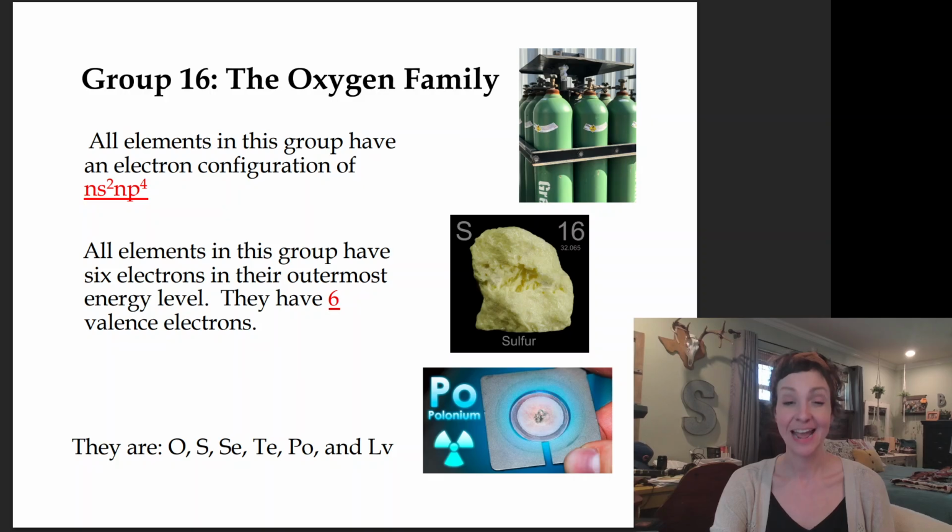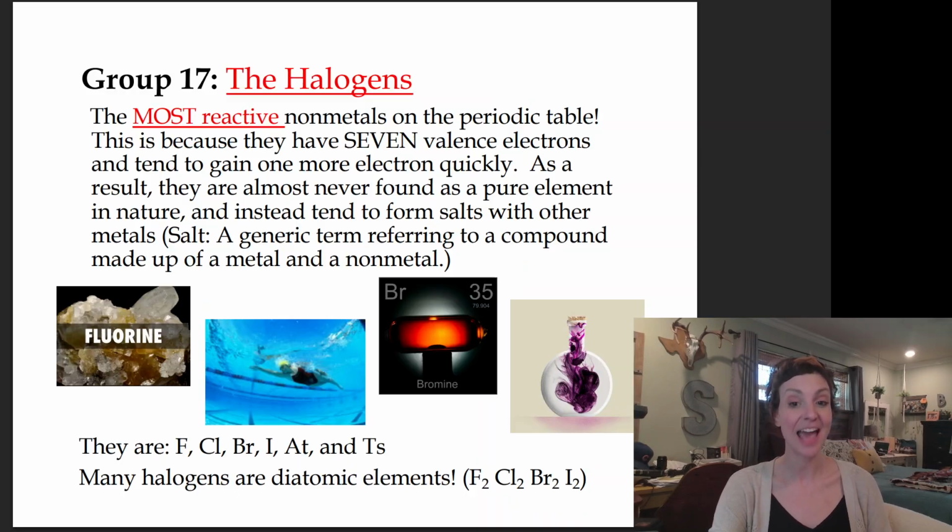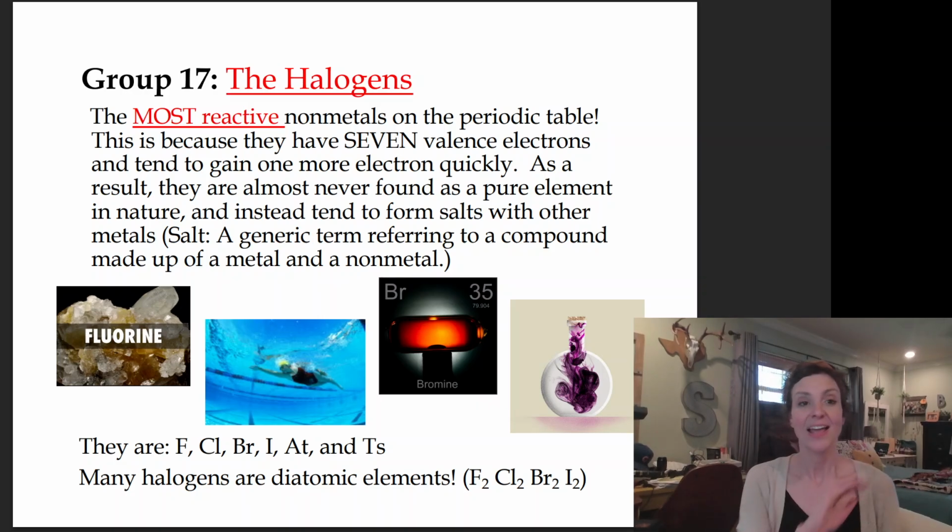All right, now we start getting excited because we've got an important group coming up here. We've got group 17. Group 17 is what is known as the halogens. Now, group 17, they are all nonmetals, okay? We are done with the staircase. We are now in a group that is strictly all nonmetals.